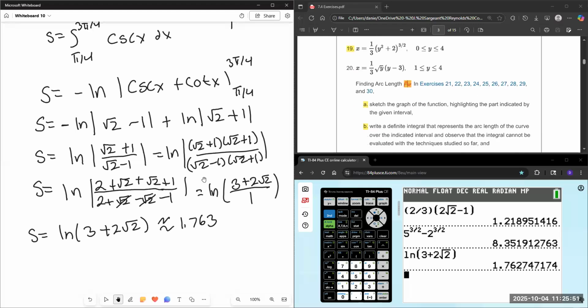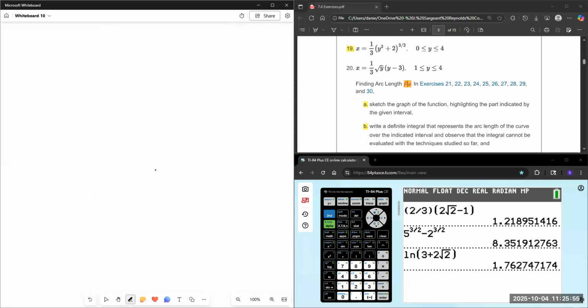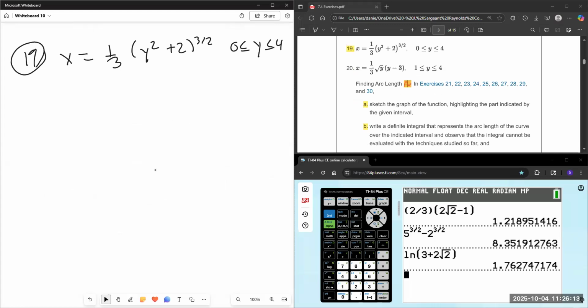Let's look now at number 19. X is equal to 1/3 y squared plus 2 to the 3 halves. Bounds on y are 0 to 4 included. So this tells me this is an x as a function of y situation.